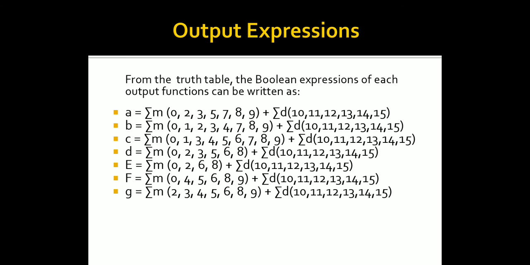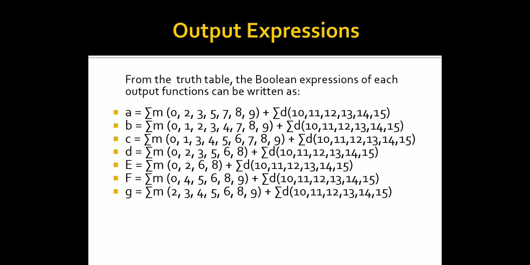But in BCD we are not using the numbers from 10 to 15, so we are considering them as don't care conditions. Therefore summation d in each and every expression is from 10 to 15. So these all are the Boolean expressions for the outputs a to g.